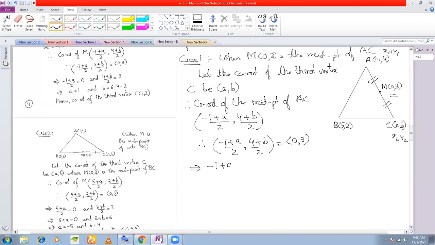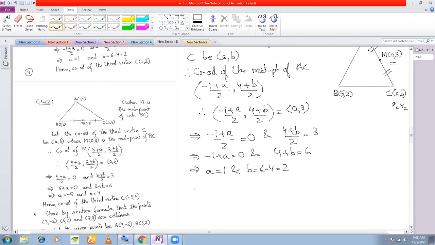Equating the x coordinates, then -1 plus a is equal to 0 and 4 plus b is equal to 6. That means you get a is equal to 1 and you get b is equal to 6 minus 4, which is equal to 2.